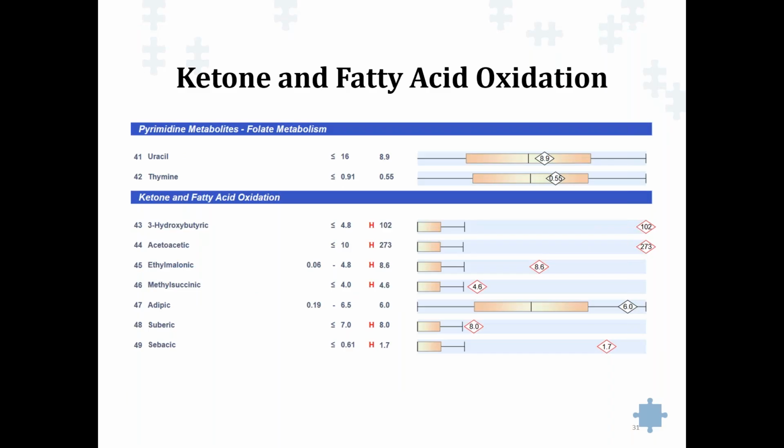Typically, when we see 45, 46, 47, 48, 49 elevated, there's a problem in getting fats into the cell and into the mitochondria to be used as fuel. Now, a relatively easy thing to do is to administer L-carnitine, for example, because that helps to transport fat into the mitochondria. But that's not a full explanation, or that doesn't always work just by itself.